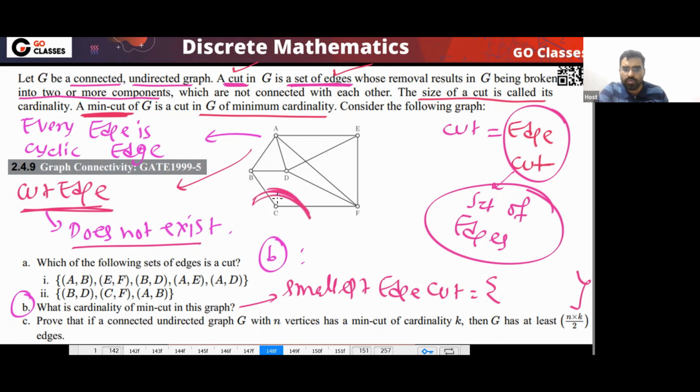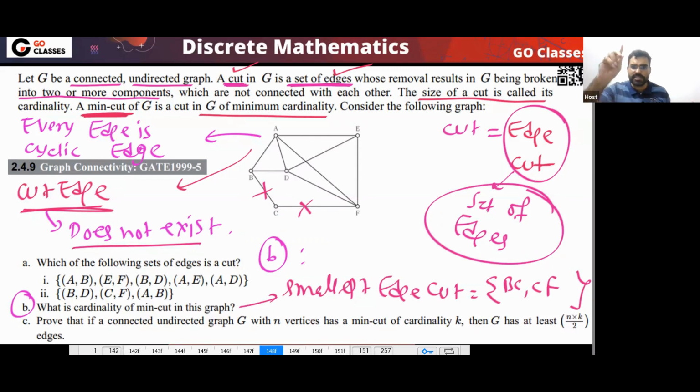Yes, only these 2. This is fine. So this will be BC, CF. This will be the smallest edge cut, if I remove this one and this one.